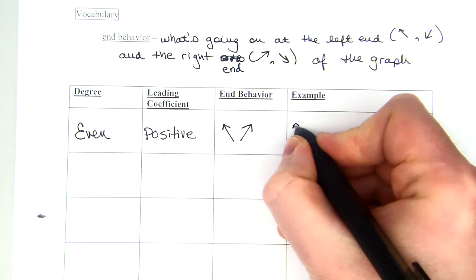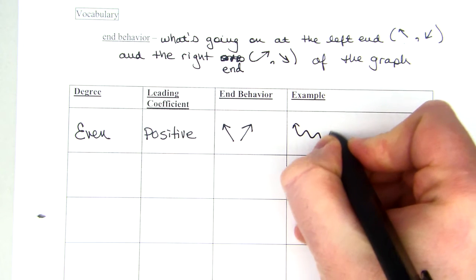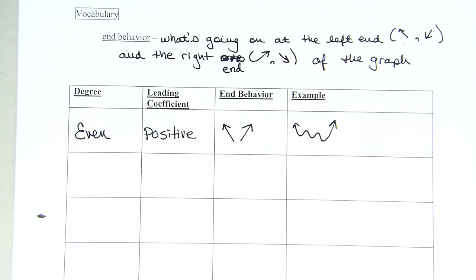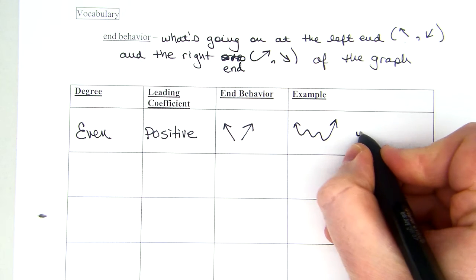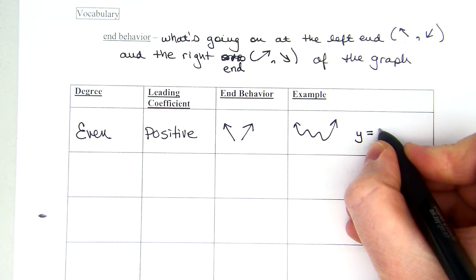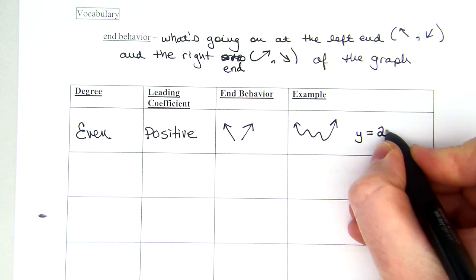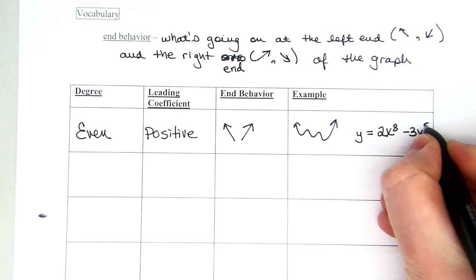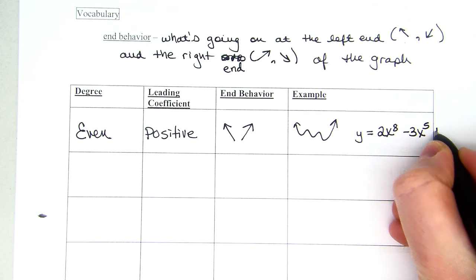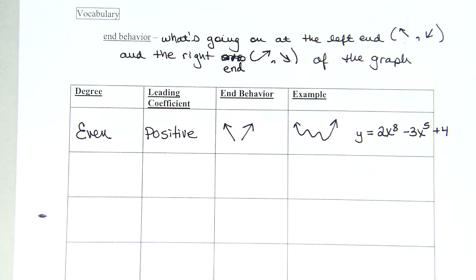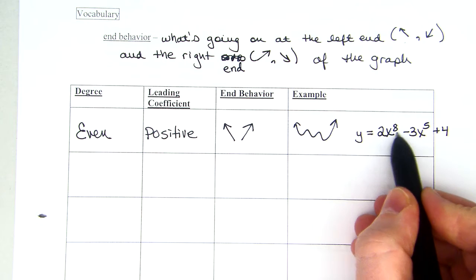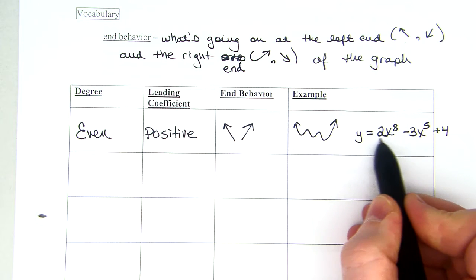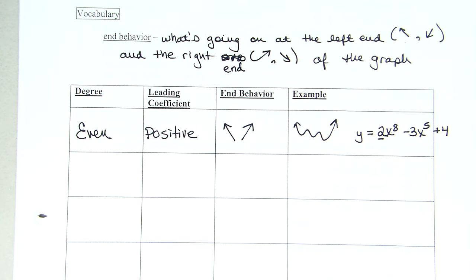For example, it might look something like this. This is not necessarily the formula for the graph, but it's an example of a formula with an even degree and a positive leading coefficient: y equals 2x to the 8th minus 3x to the 5th plus 4. Even degree, even highest power, and positive leading coefficient.